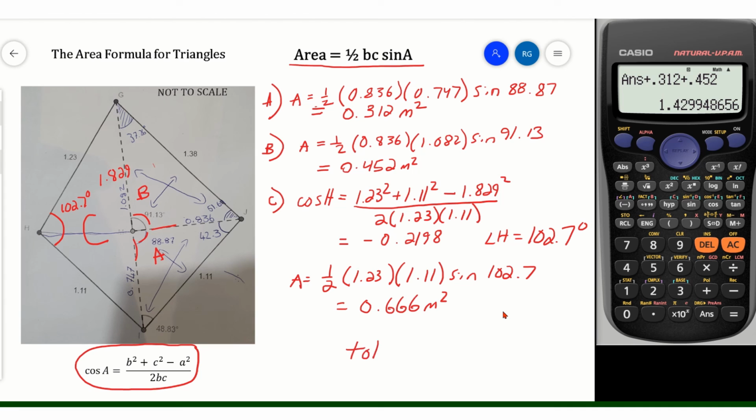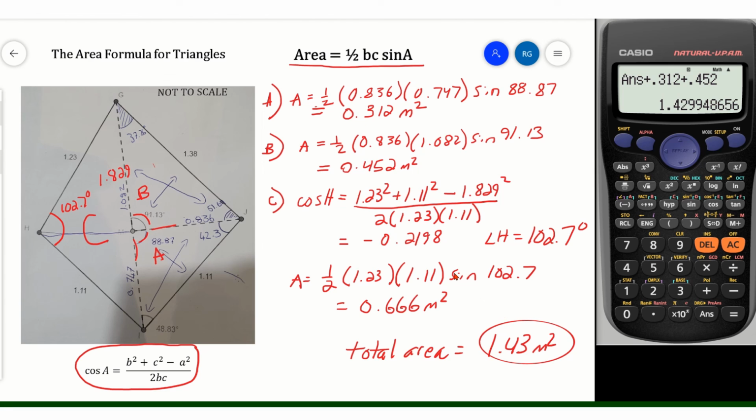So total area is 1.43 square meters. Now I believe it says something in the task about verifying that the area is greater than 1.5 square meters. So obviously you can see it's not greater than that. So I think in this context it means that the glazier won't take the job.